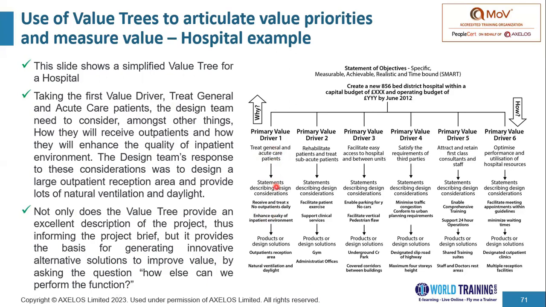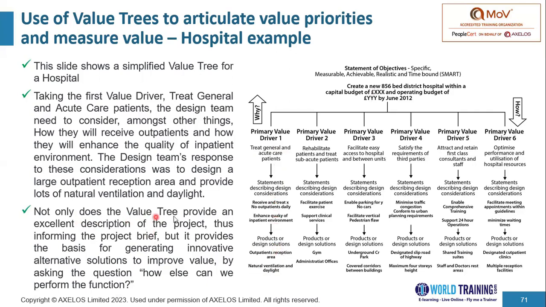The design team's response to these considerations was to design a large outpatient reception area and provide lots of natural ventilation and daylight. So as you can clearly see, there's a cascading down of an objective to a value driver, to the design considerations, and to a particular product or design solution.